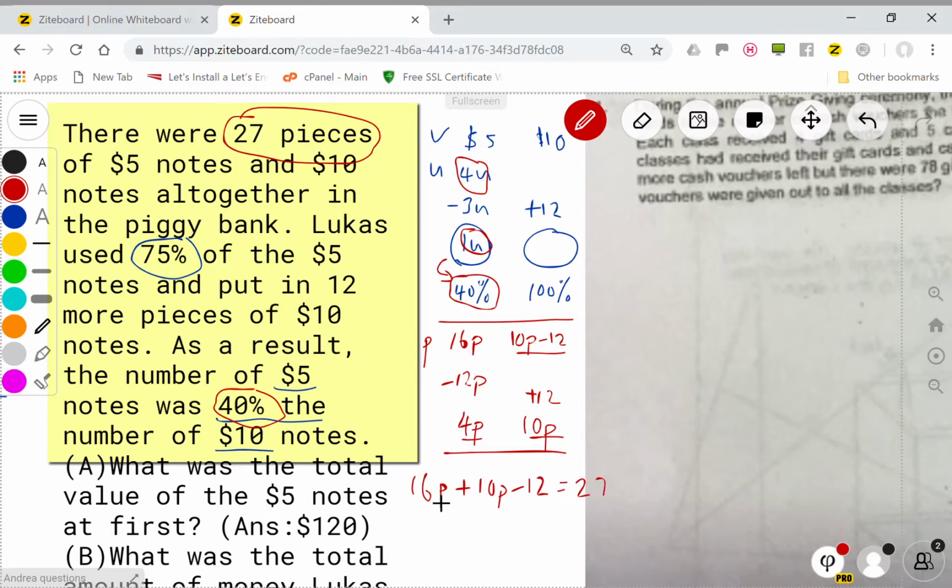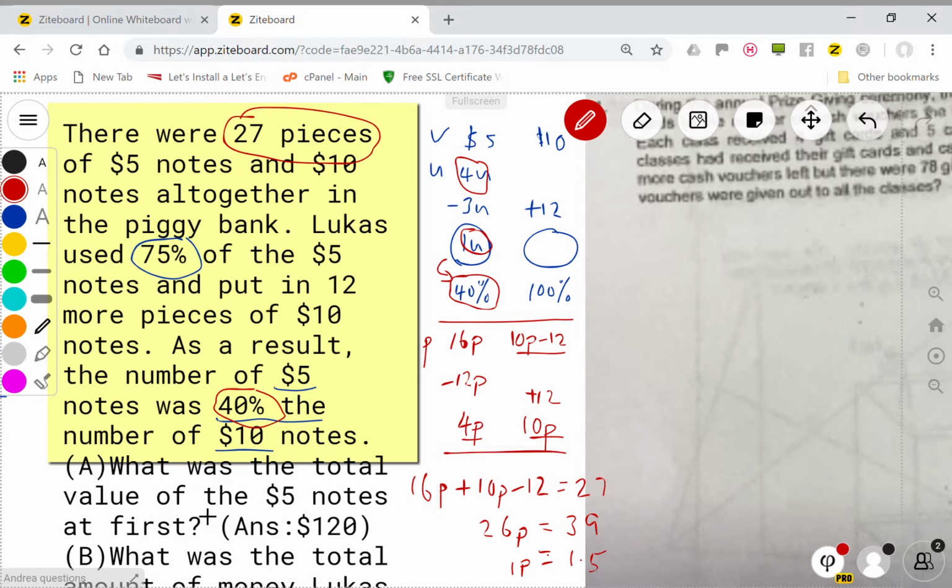So 16 plus 10 is 26 parts equals 27 plus 12, which is 39. Wow, this looks weird. So 1 part equals 39 divided by 26, which is 1.5. It's not too bad. So 1 part is 1.5.